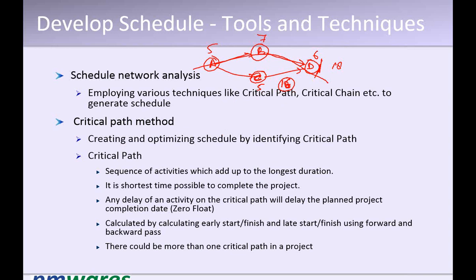If I delay the C activity by a maximum of 2 days, there will be no impact. The project will still finish in 18 days. And this free time available on C is called float. So how much float is available here? It is 2 days.